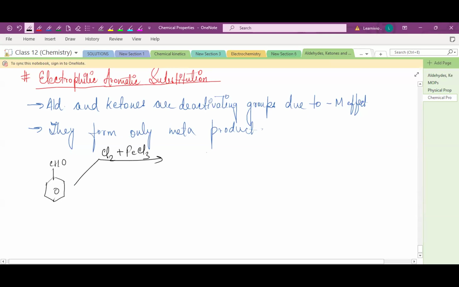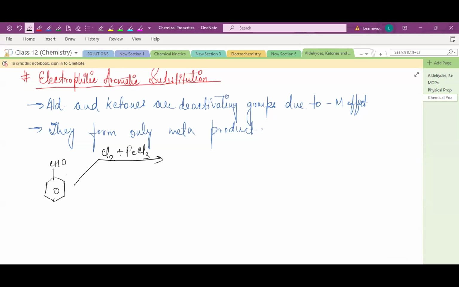Because in this type of reaction, an electrophilic substitution reaction, you should know which group is the electrophile and which group is the nucleophile, so that you can write the right product. Can you repeat the question?